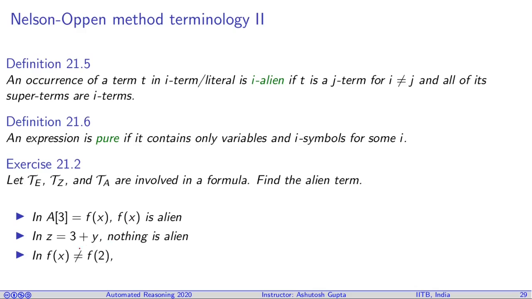There's nothing alien in this term because the right-hand side has a plus and the left-hand side is just a single variable. So this belongs to the theory of integers and nothing is alien. In this equality, you can see that this belongs to the theory of equality, but the symbol 2 appears from the integer world. So therefore this 2 is an alien.